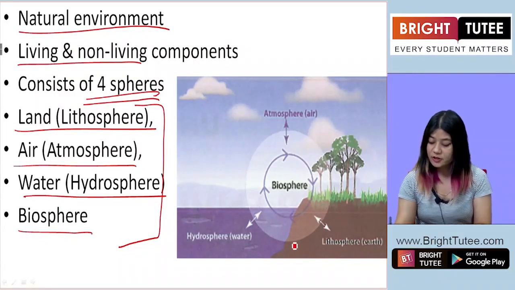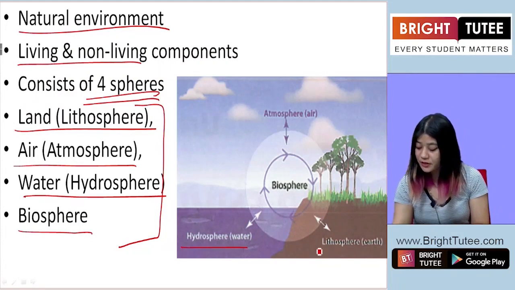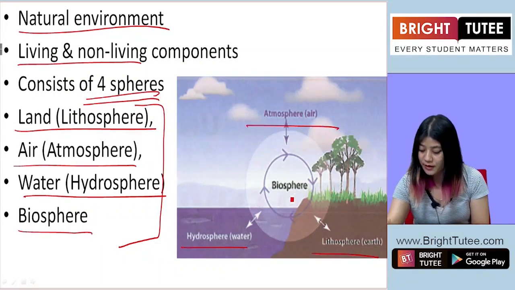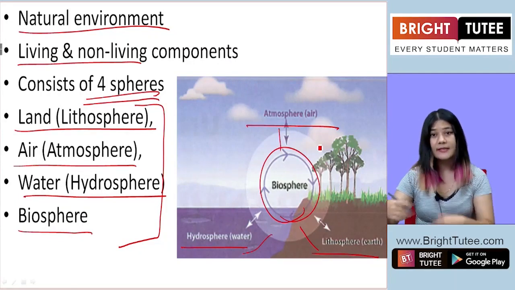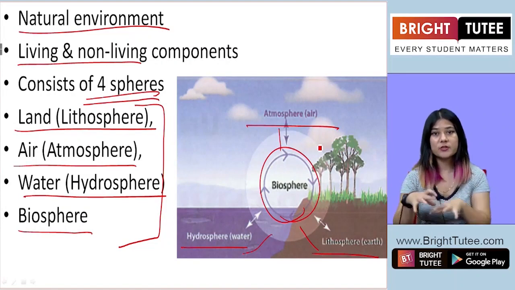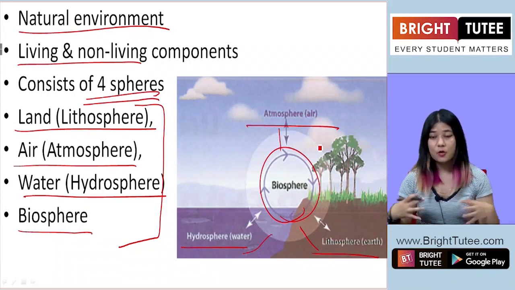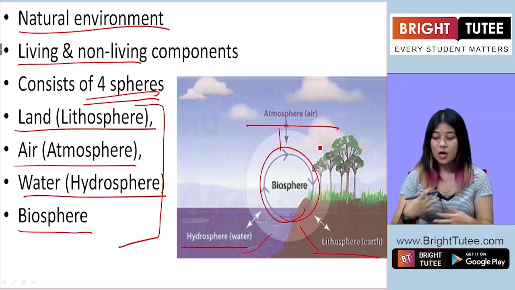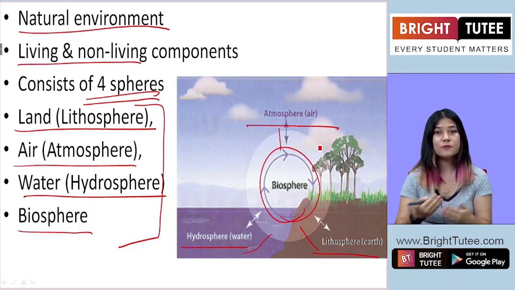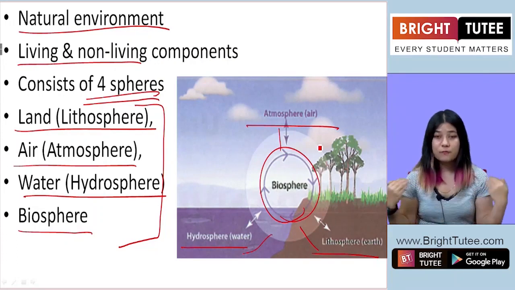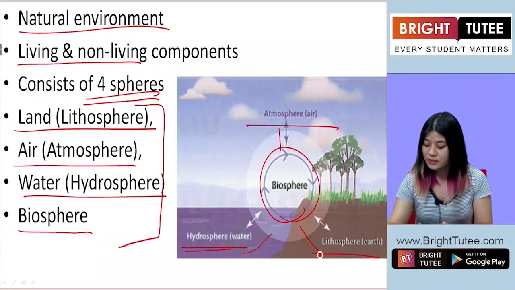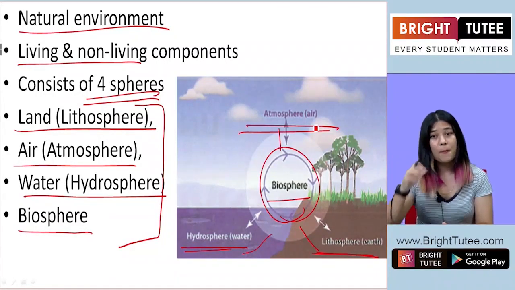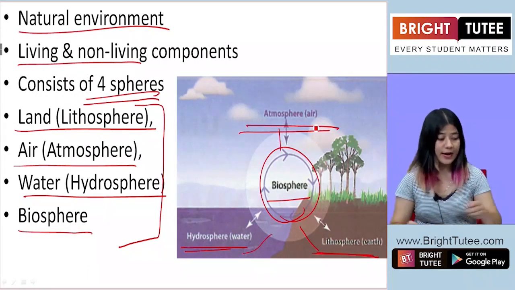Here in the picture you can see how hydrosphere, lithosphere, atmosphere and biosphere are all connected to each other. They all are important components or spheres of the environment which coexist together, which function in unity, and all have to play an important role to form the environment that we live in.